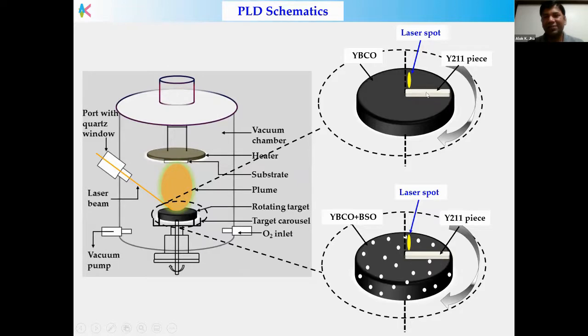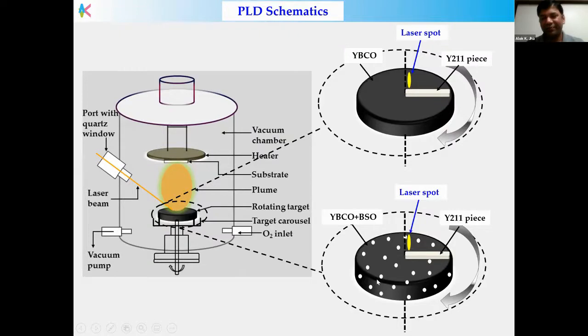In the last case, you saw that we had a pristine YBCO target and we had Y211 rectangular pieces on the surface of the target. So what we did this time is we made a mixed target of YBCO plus BSO. BSO is barium tin oxide.